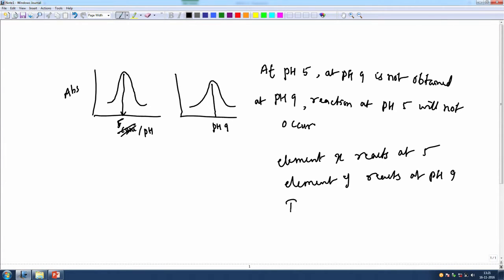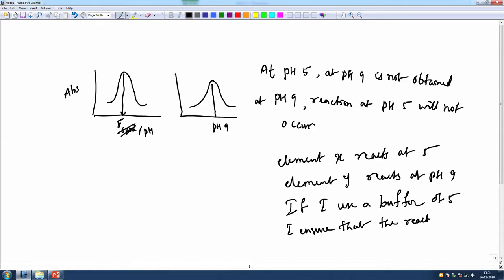So, if I use a buffer of pH 5, I ensure that the pH will not exceed 5. So, Y will not interfere, as it reacts at pH 9.